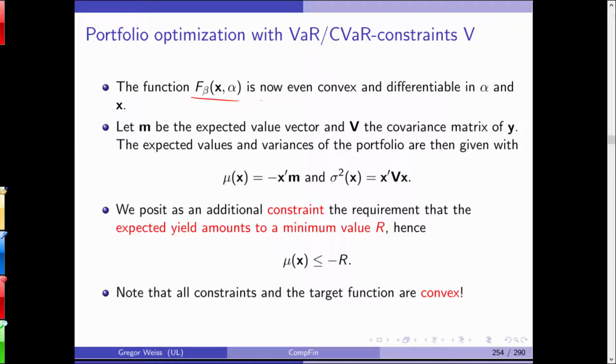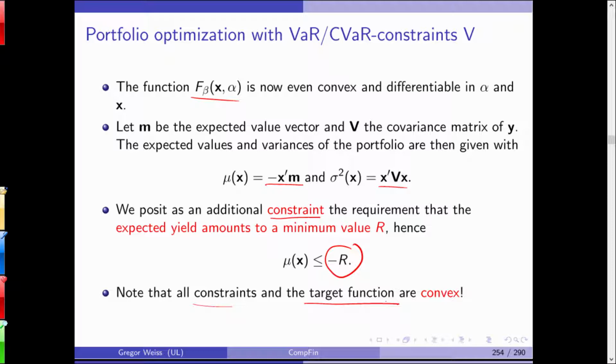Now, if m is the expected value vector and V is the covariance matrix of y, you can see that the expected value and the variance of the portfolio are simply given by minus x transposed times m and x transposed times V times x. And we want as an additional constraint that the portfolio return is at least as high as this minimum value minus r. All constraints and the target function are convex.